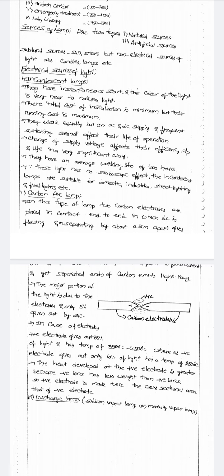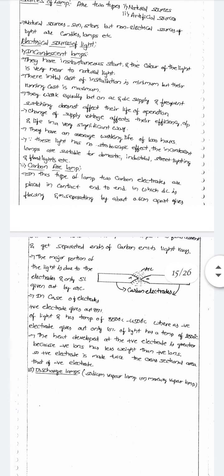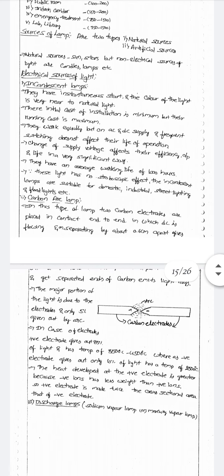While we switch on the supply, the running cost is maximum. Next, they work equally on AC and DC supply, and frequent switching does not affect the life of operation.